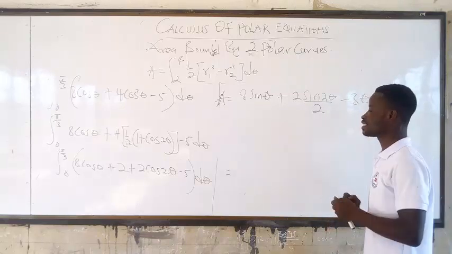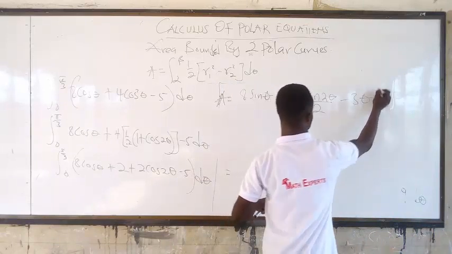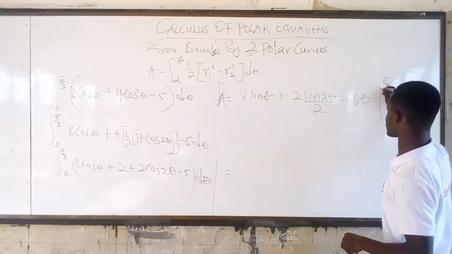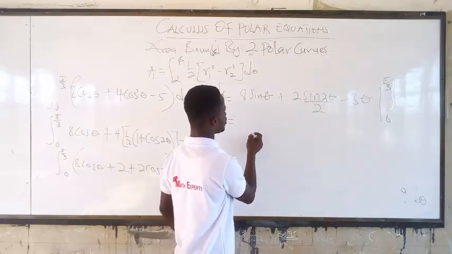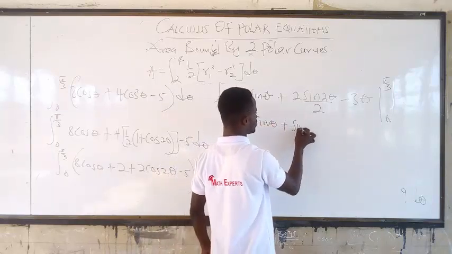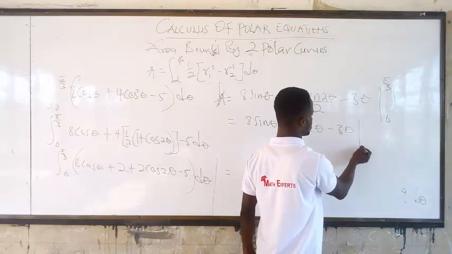So when you integrate negative 3, you get negative 3 theta. Alright, then don't forget the limits 0 to pi over 3. So this is going to give you 8 sine theta plus sine 2 theta minus 3 theta.